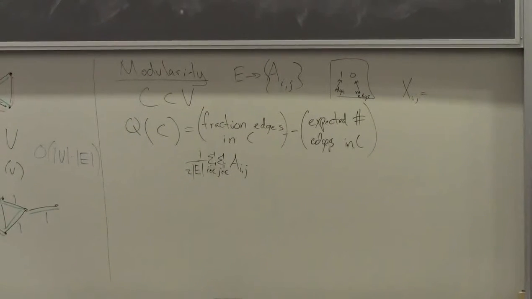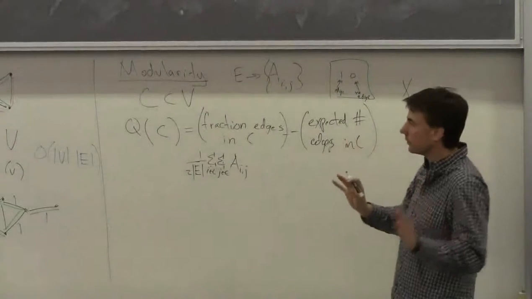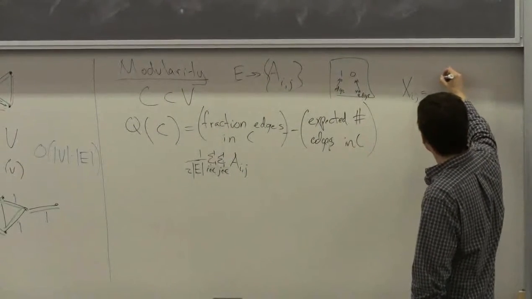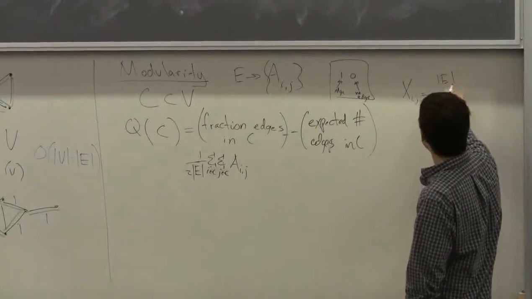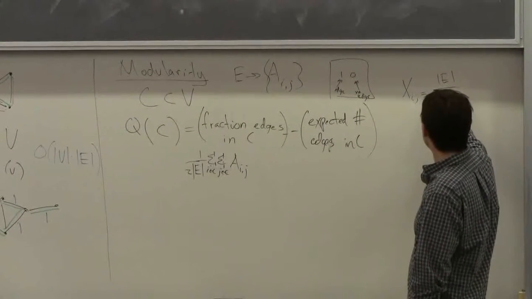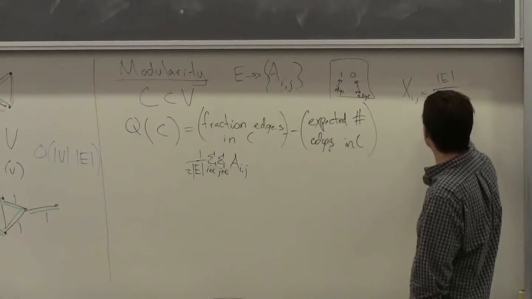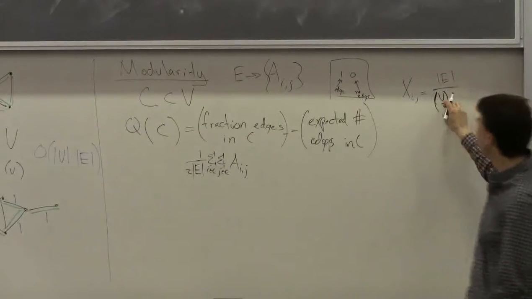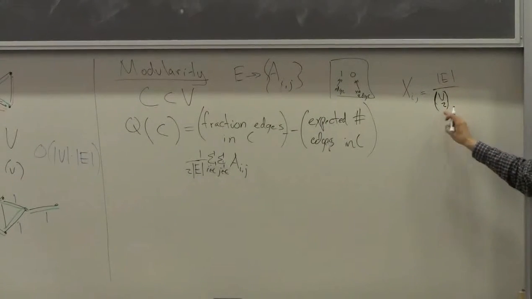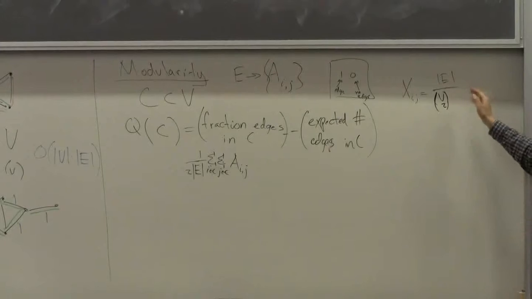Total number of edges in the graph divided by the possible number of edges. Well, that's good. So this is kind of the first way. You can think of the number of edges divided by the number of vertices choose 2, right? So this is a good guess, but it's not what is used here.